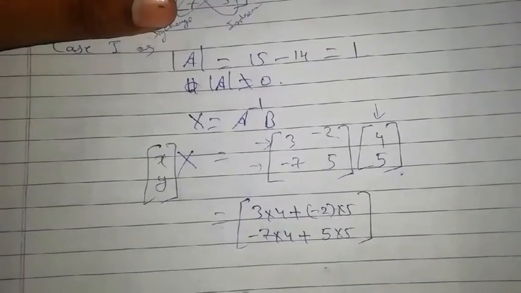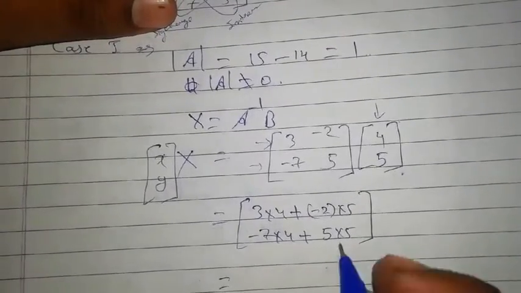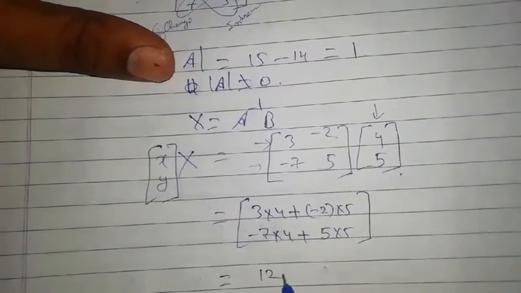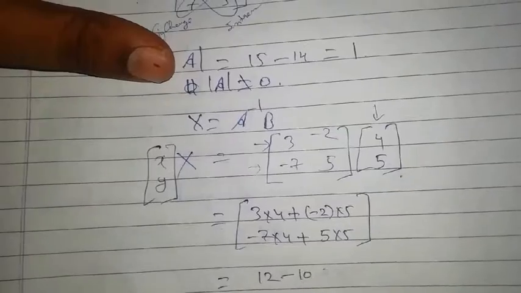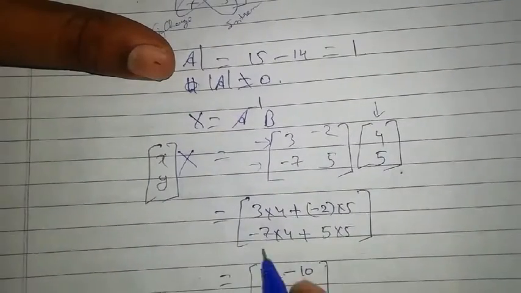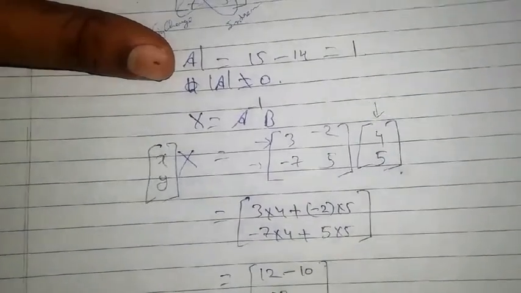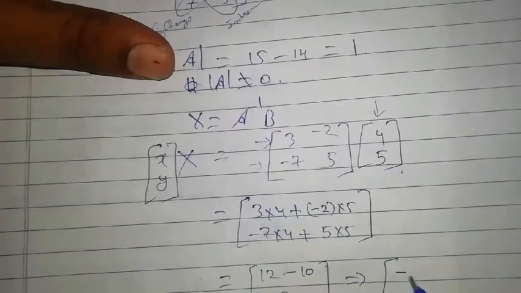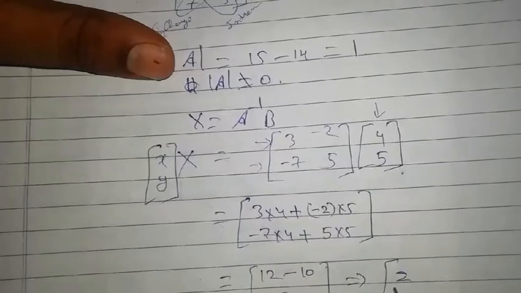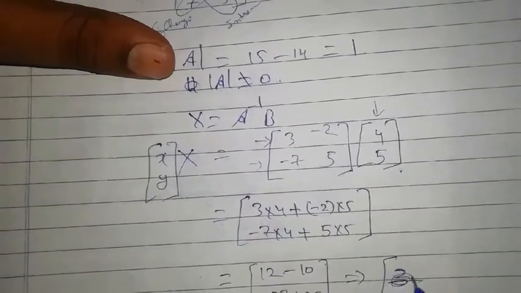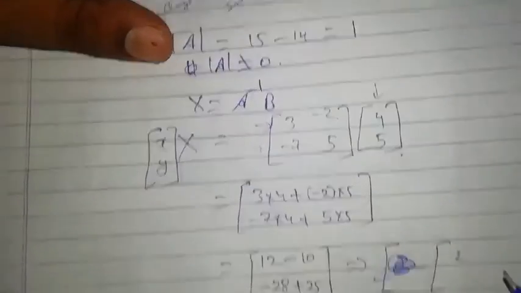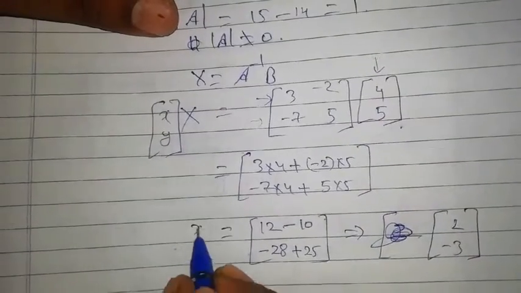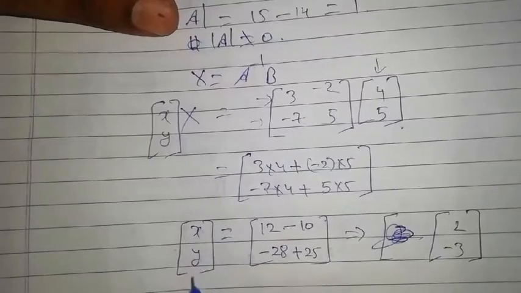Now look, 3 fours are 12, 5 twos are 10, plus minus is minus, and 7 fours are minus 28 plus 25, so it will become 2 upon, this is 2, and this will be minus 3.